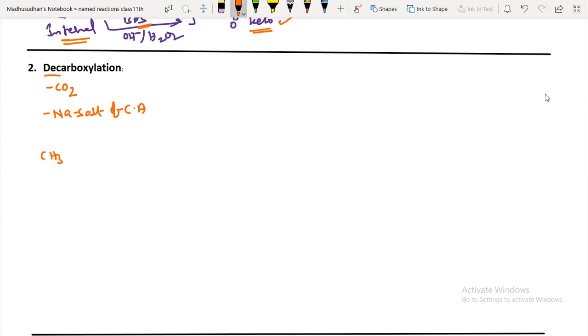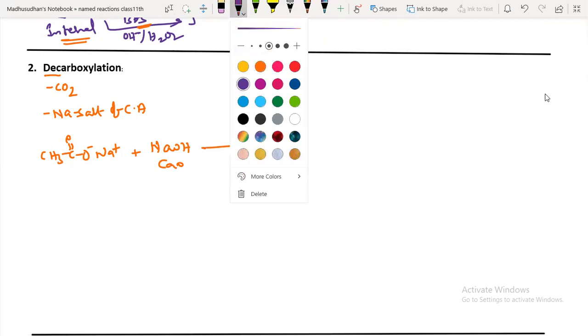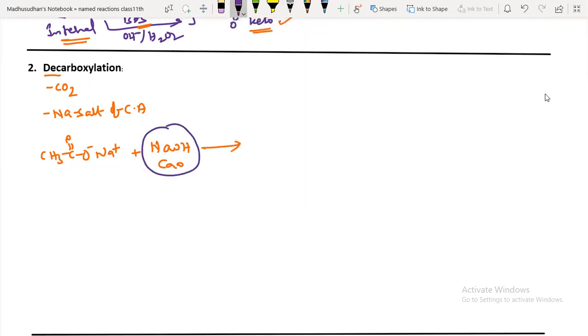Let's take one such example. This is a sodium salt of a carboxylic acid, on reaction with sodium hydroxide and calcium oxide. We have a specific name for this composition, that is called soda lime. Soda lime is a reagent used for decarboxylation.